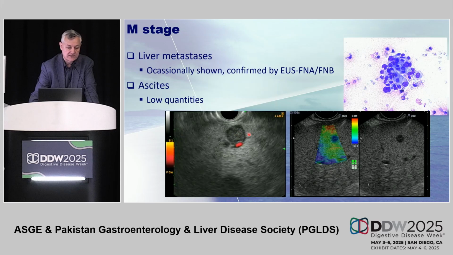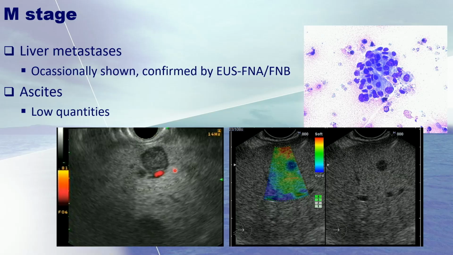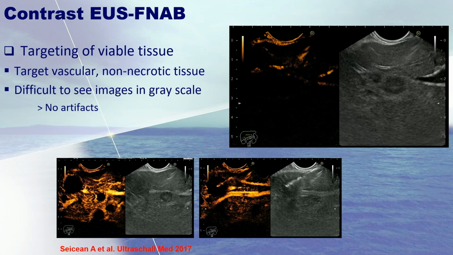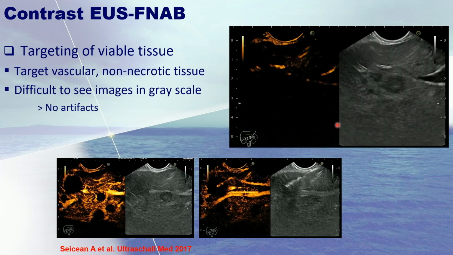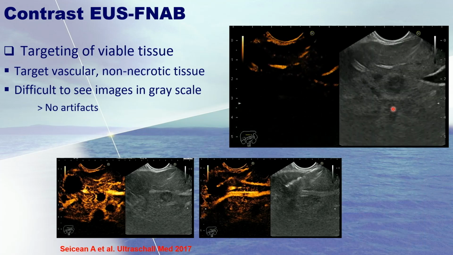Sometimes during US examinations you see small liver metastases or ascites, so even if they are not reported on CT or MR, the resolution of US is very good, and you can actually target those small lesions and get a diagnosis. You can also use contrast enhancement if the grayscale image is not perfect.